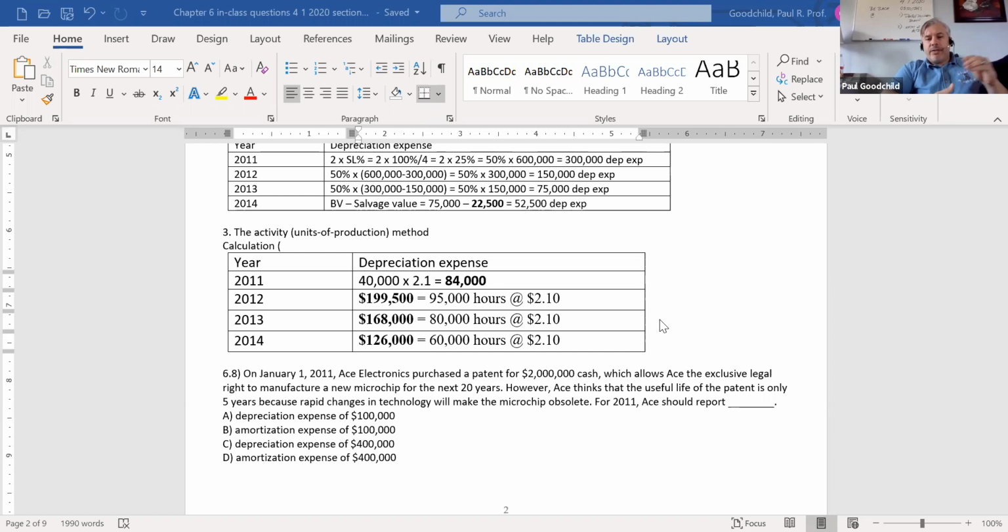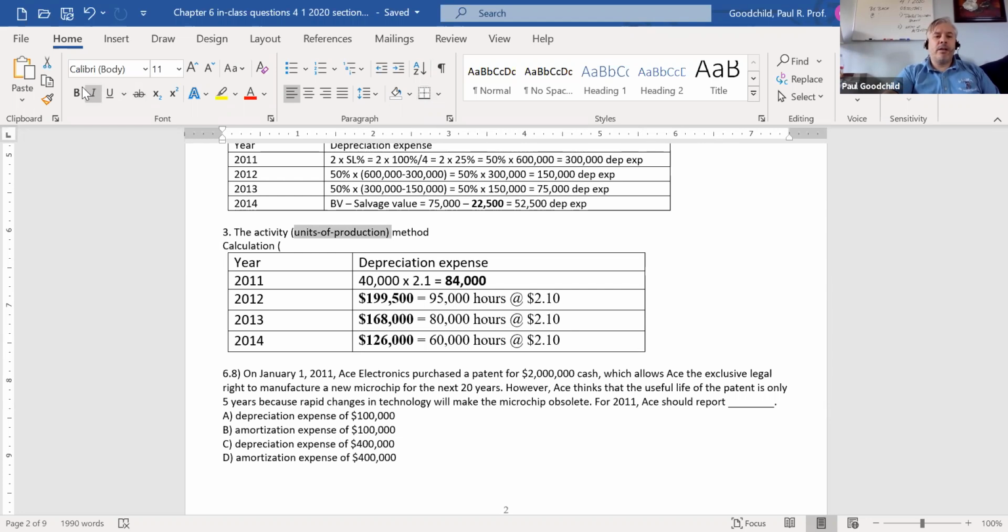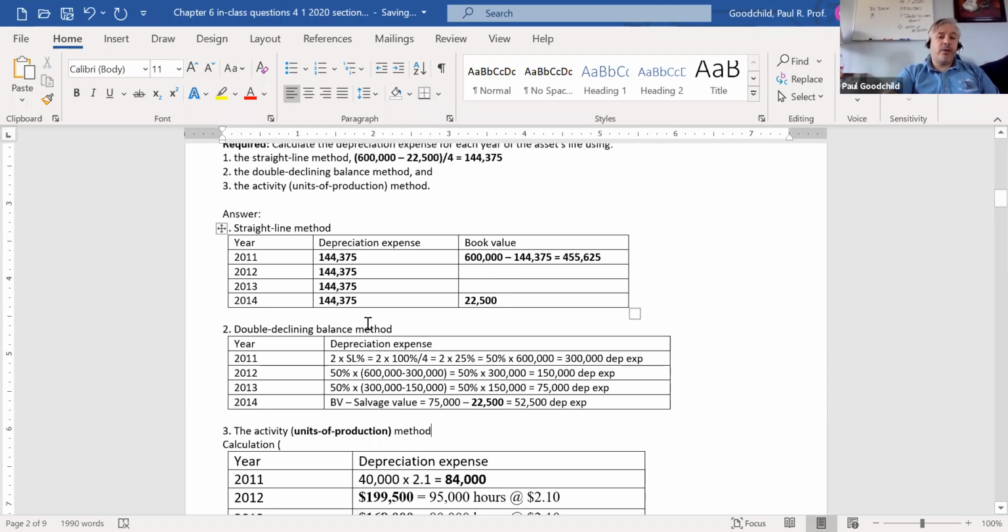So somebody had a question asking if they ask for hours used, and really they just have to tell you. So this is kind of the units of production method here, and they could still give it to you, but then ask you, is it the double declining balance or straight line method?